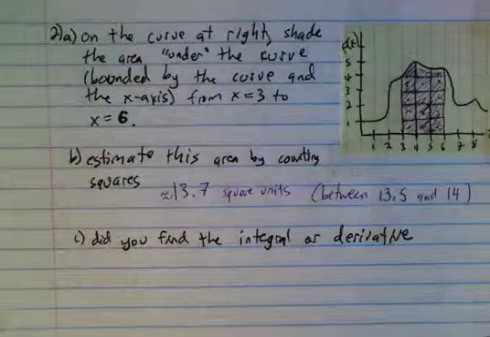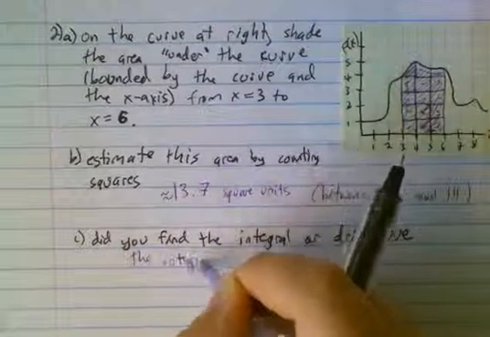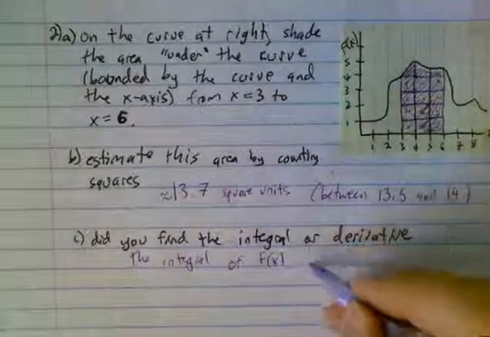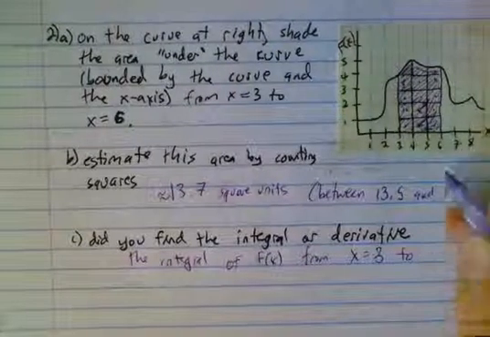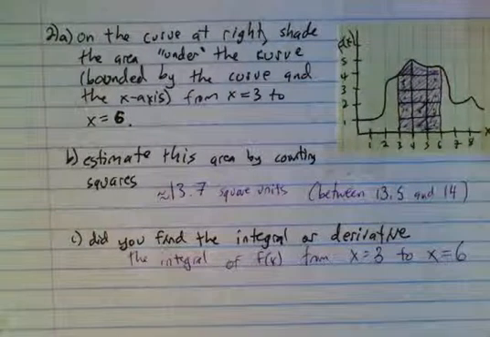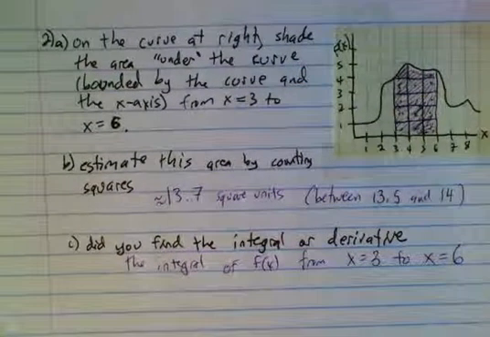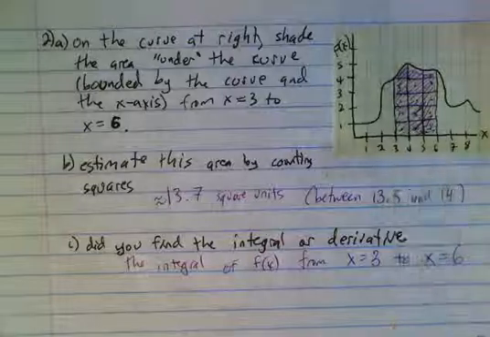So that means that we found the integral of, this is f of x again, from x equals 3, that's where we started, to x equals 6. That's where we ended. Notice that the derivative is at a single number. The integral is from one number for x to another number for x.